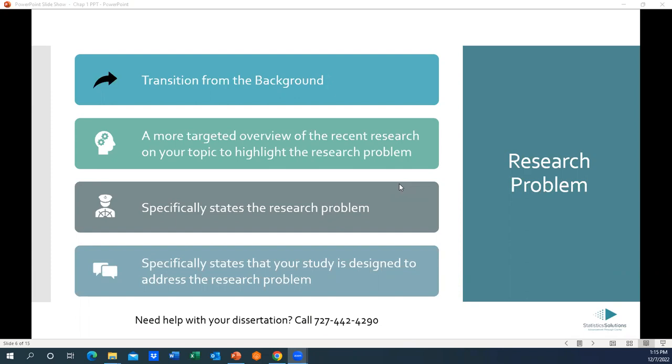So you want to highlight the previous research, and it's not like the background where you have a more sweeping, broad strokes approach. This is really specific. Here's what so-and-so did in the past. Here's what somebody else did, and somebody else. You show what they did that's close, but you highlight what they didn't do, or the shortcomings of their studies. That helps you highlight the need for your own study.